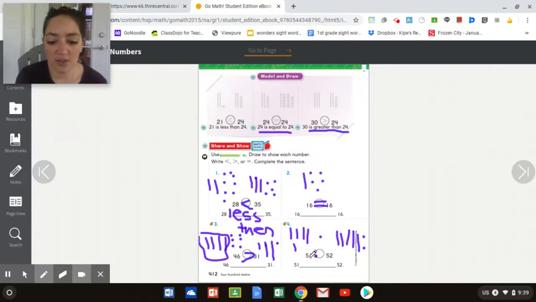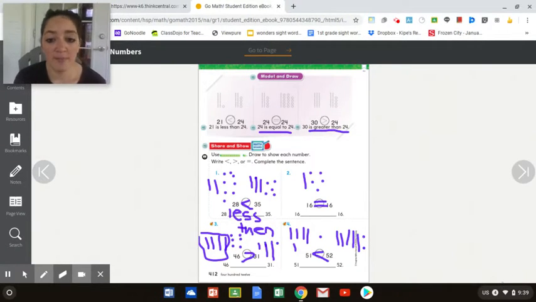Okay, so remember when we're comparing the numbers, we could look at the first number in the tens place. Well, that's not going to help us here because it's the same thing. So now we're going to move to the number in the ones place. Well, this one has 1, this one has 2. Which one has more? 52. So we're going to say 51 is less than 52.